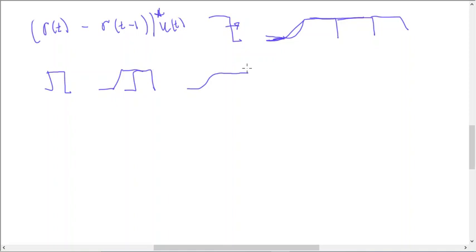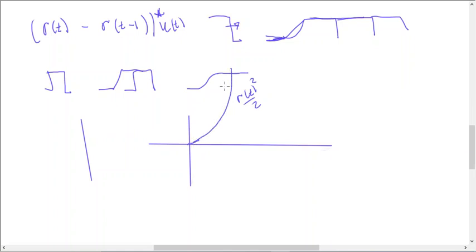So it's super important that you see what's going to happen first, because what can happen is sometimes you can have something like Rt squared divided by 2, right? And that just keeps going up, right?